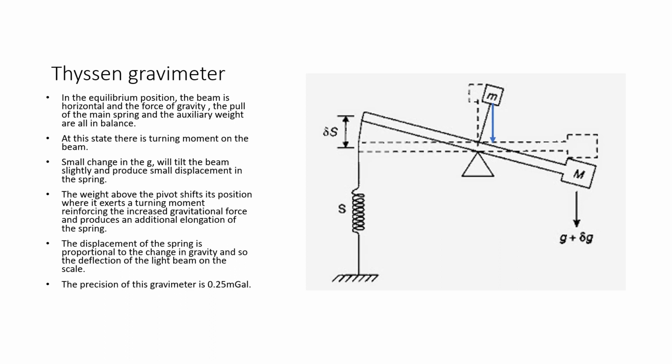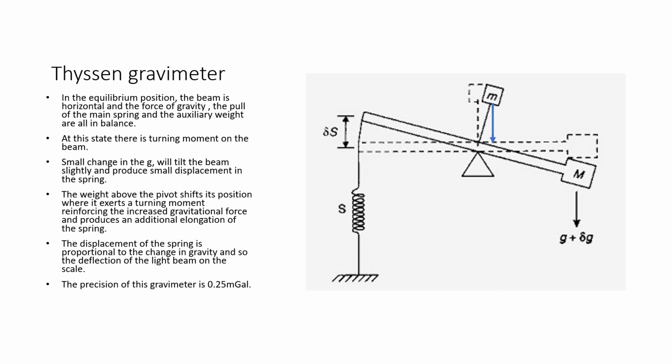As the beam gets tilted, there is some very small displacement in the spring itself, proportional to the change in the value of gravity. But the mass just above the pivot, that is the auxiliary mass, also shifts its position.